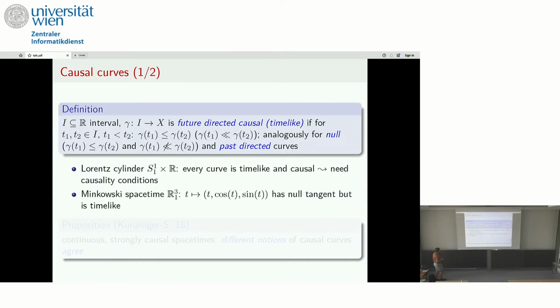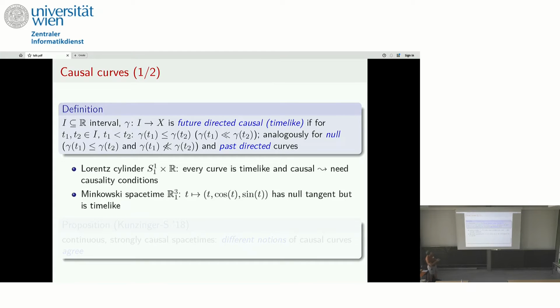Then another illustrative example is this curve in three-dimensional Minkowski spacetime. You have the light cone here, and this curve spirals on the boundary of this light cone. And this has a null tangent with respect to the Minkowski metric, but it's actually time-like in this relation sense, because it's not a null pre-geodesic, but any two points in the curve can actually be connected by a straight time-like curve.